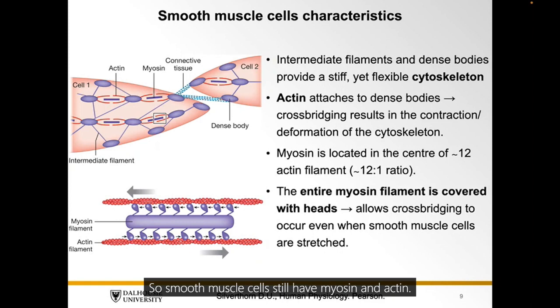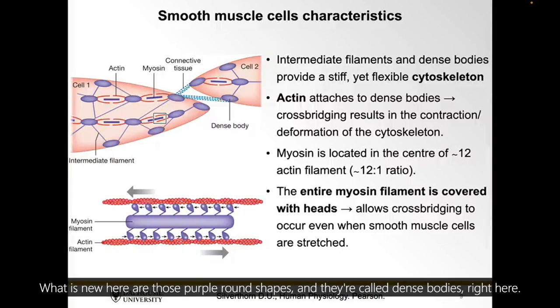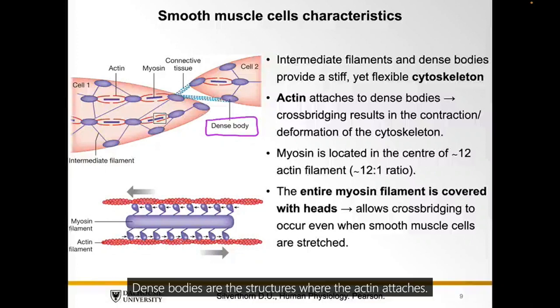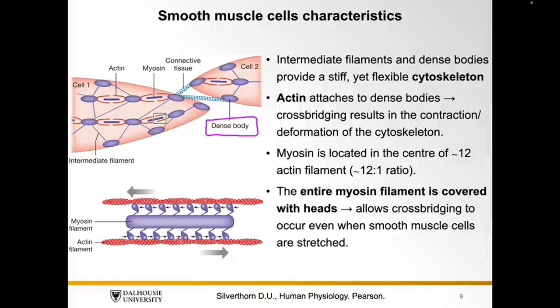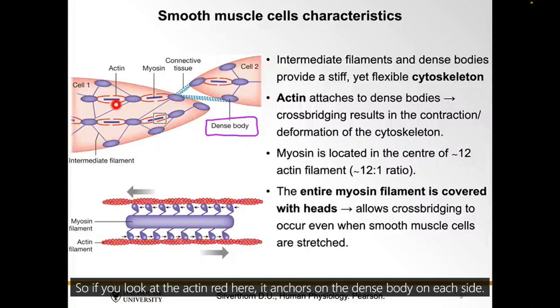So smooth muscle cells still have myosin and actin. What is new here are those purple round shapes, and they are called dense bodies, right here. Dense bodies are the structures where the actin attaches. So if you look at the actin in red here, it anchors on the dense body on each side.